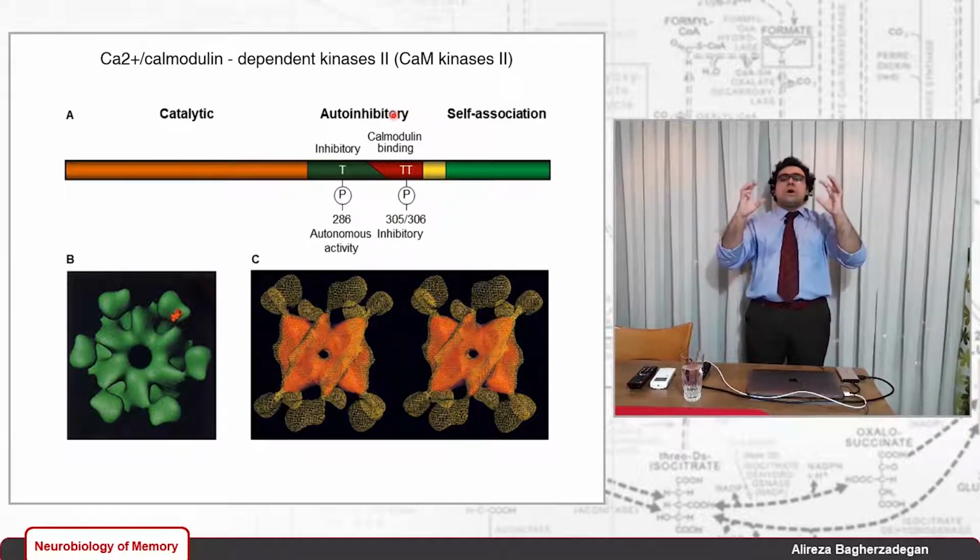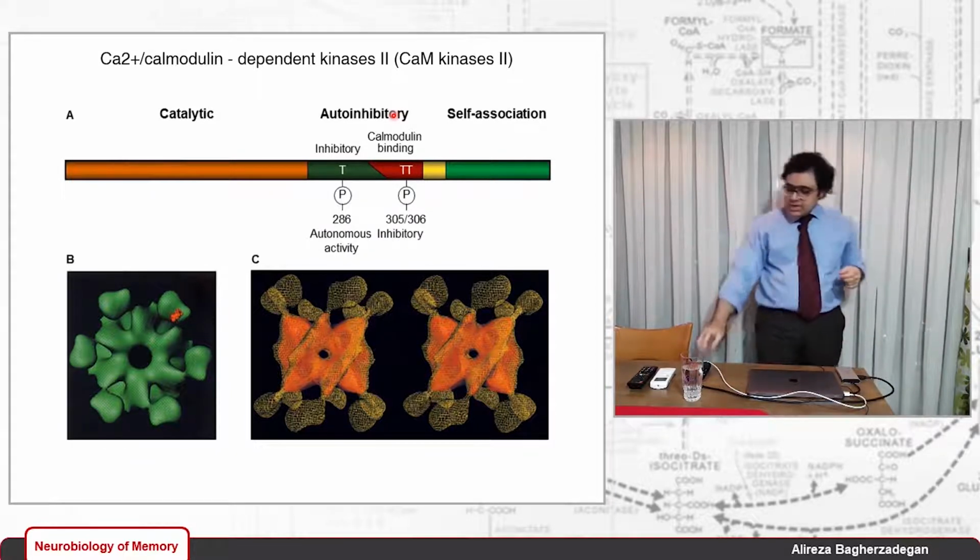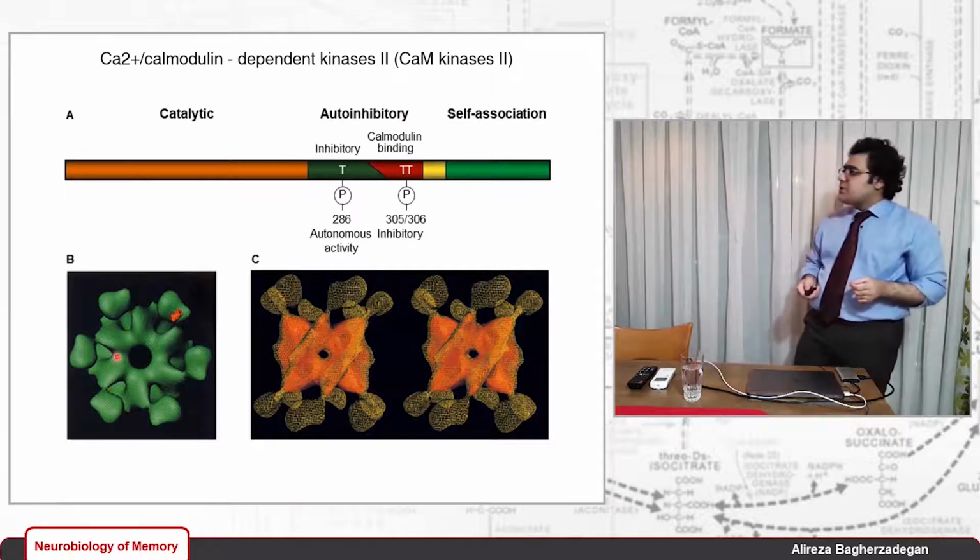So in the real enzyme, we have 12 kinase enzymes. In Figure B, you see only 1 of those rings.